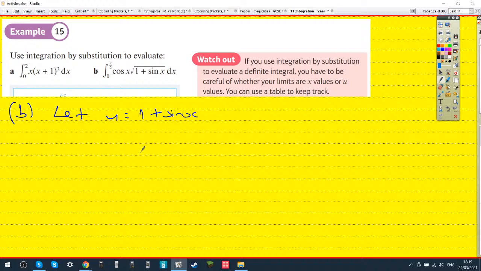And so now, u minus 1 is equal to sine x.